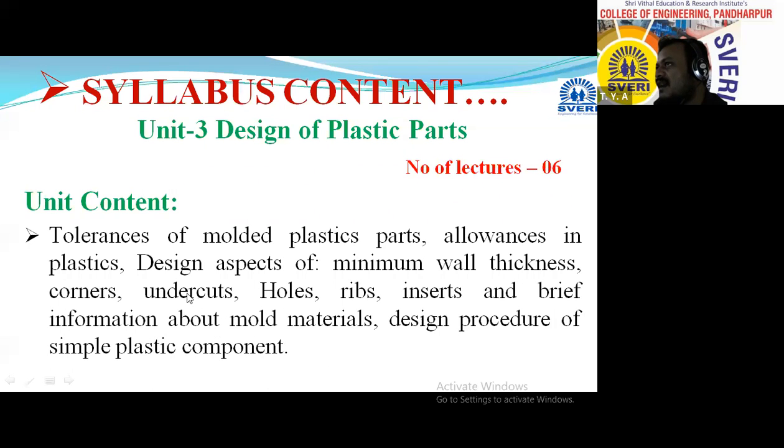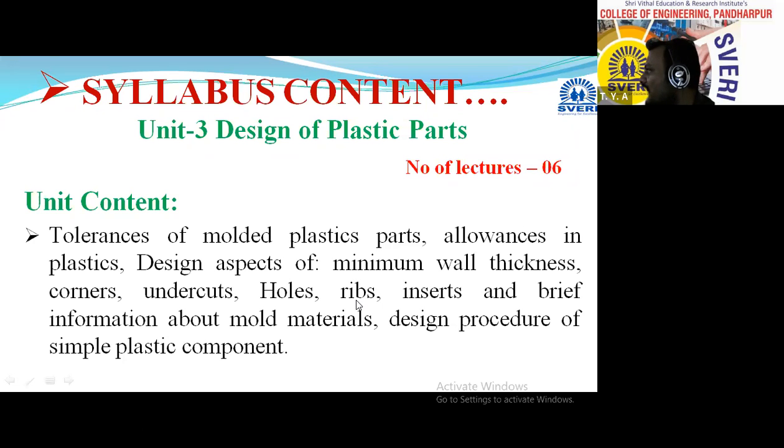Okay, and all this designing will be related to plastic materials. Why are we providing corners, and why are undercuts or ribs provided? Ribs are provided to give strength, and how it will affect the strength depends on the different rib designs. You can provide ribs in different manners.